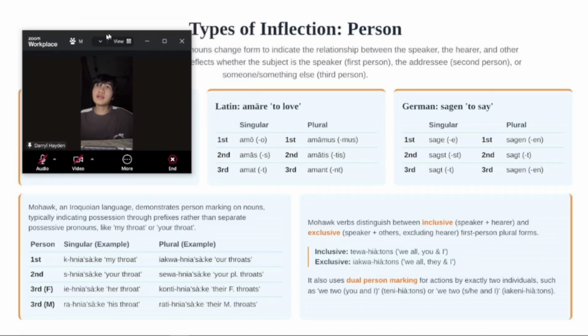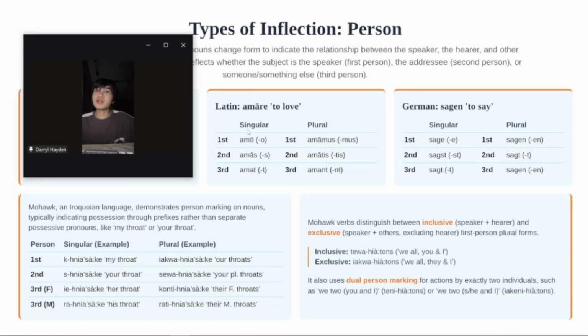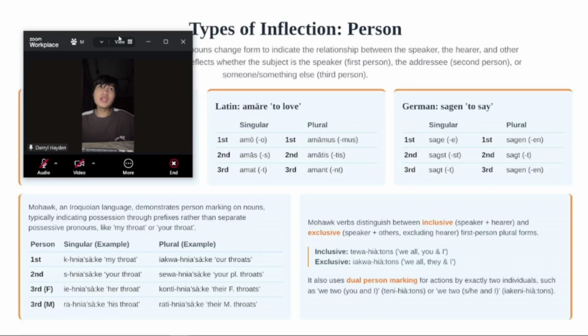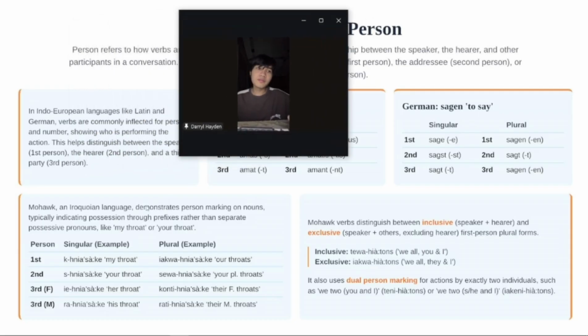In Latin and German, they change the verb, from amo to amamus, while in Mohawk they change the noun instead of the verb. Pretty unique, huh? They just change the noun to show that it is the first, second, or third person.